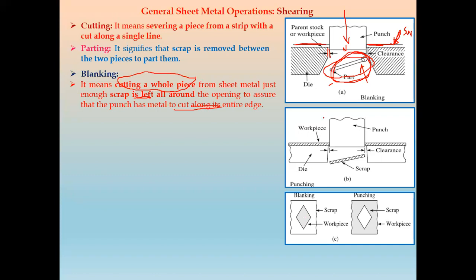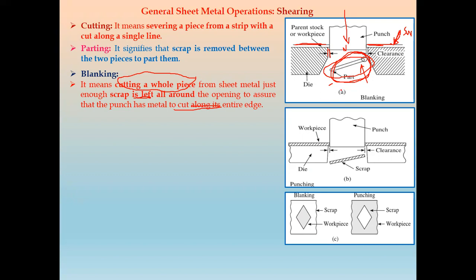So this is called a blanking operation. Okay. So for example, what is meant by blanking? Say we punch a paper to file that paper inside a file. So after the punching operation, we will get the paper's part.